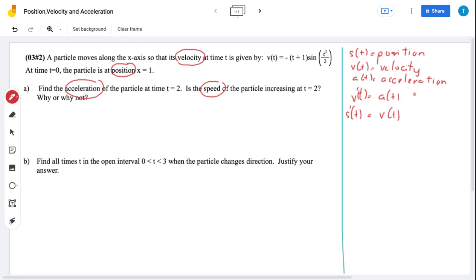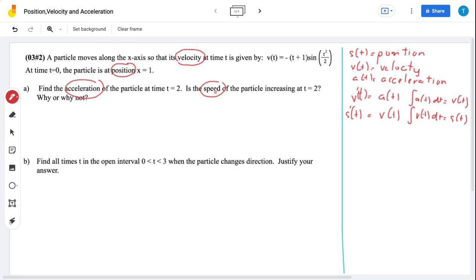The inverse operation is that the integral of acceleration is equal to velocity, and the antiderivative of velocity is position. That's the relationship between them. From here, you can see that acceleration is the second derivative of position. So that's obviously what we know.